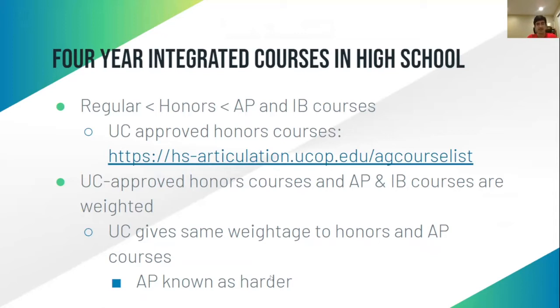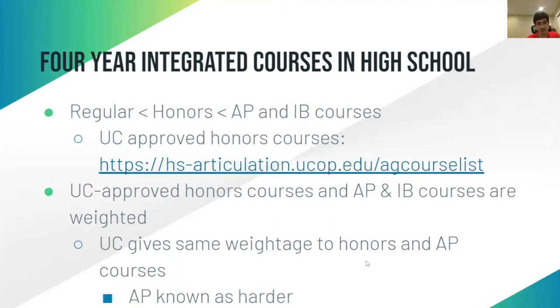What I mean by that is, say there's student A. Student A is like, oh, honors and AP courses are weighted the same, so maybe instead of taking four APs my junior year, I'll just take four honors courses my junior year. It won't affect anything, right? Well, no, that student is kind of wrong, because even though both of them are weighted similarly, UCs know that AP courses are harder than honors courses.